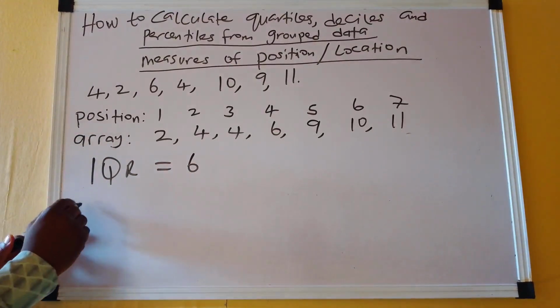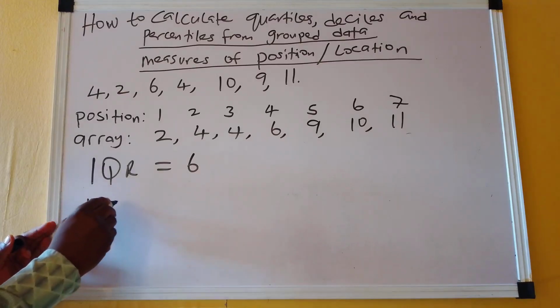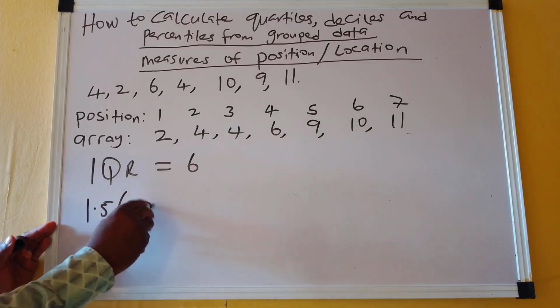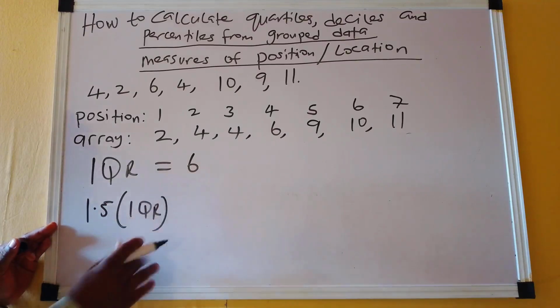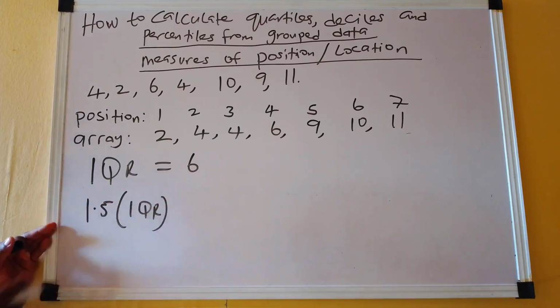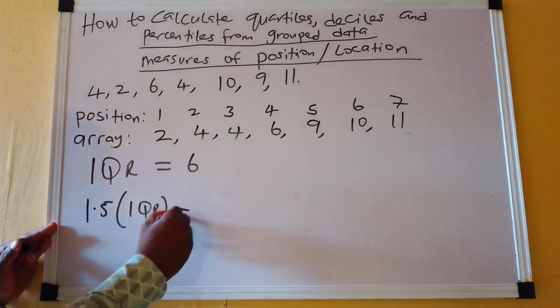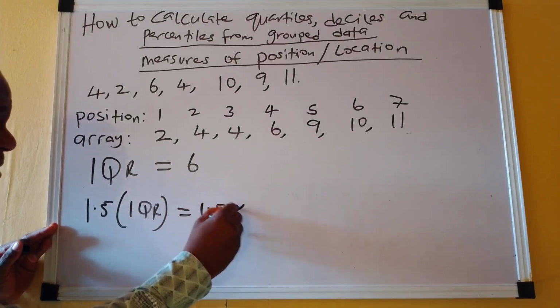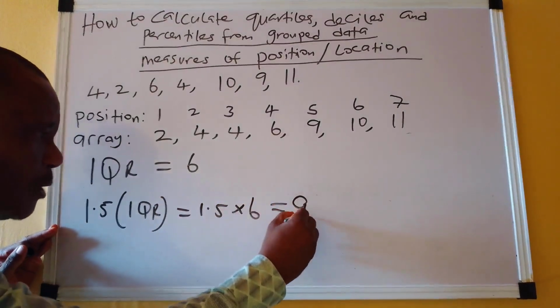Now this is what we use with 1.5 multiplying the interquartile range. This is what we use to check for suspected outliers in the data set. This will be 1.5 times 6, and this is equal to 9.